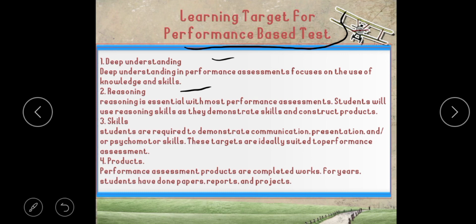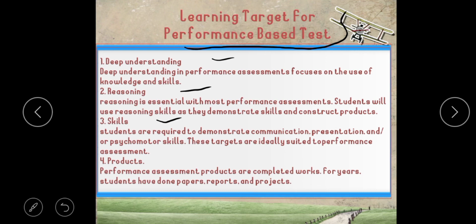Reasoning is essential with most performance assessments. Students will use reasoning skills as they demonstrate skill and construct products. And the third is skill. Students are required to demonstrate communication, presentation, and/or psychomotor skills. These targets are ideally suited to performance assessments.